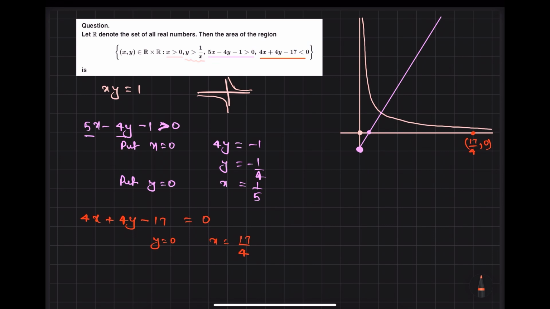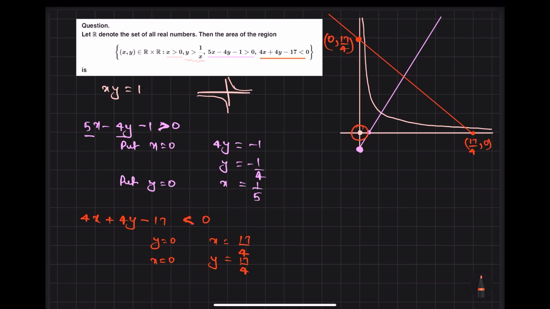Now if x is 0, again y will become 17 by 4, so again it is 4 point something. Let's say this is the straight line, so this is 0 comma 17 by 4. Now look at (0, 0). Let's check whether it holds true or not.